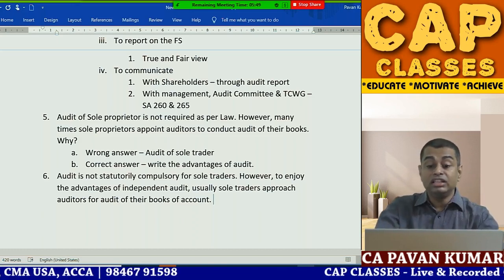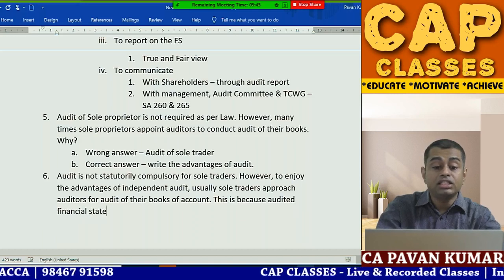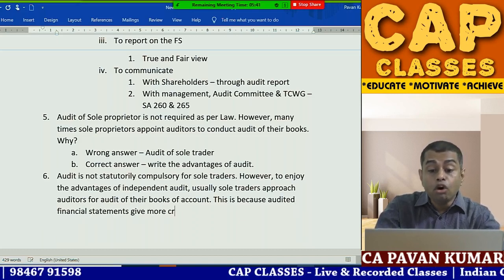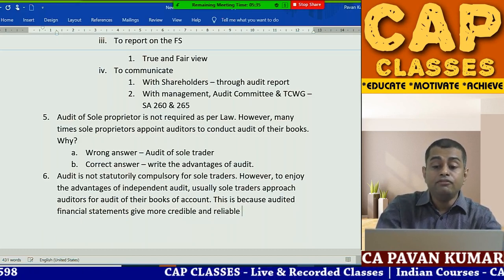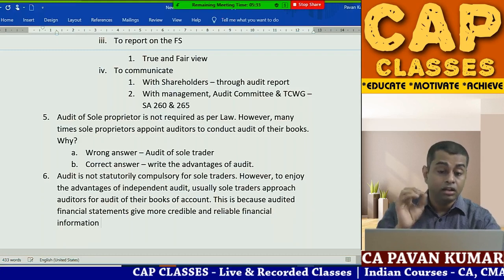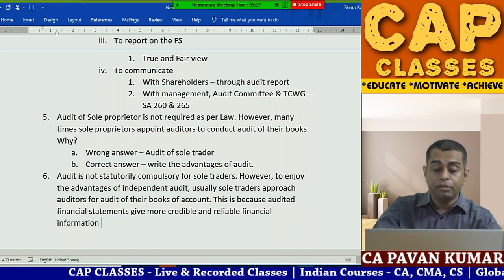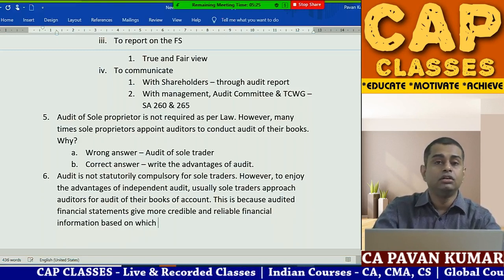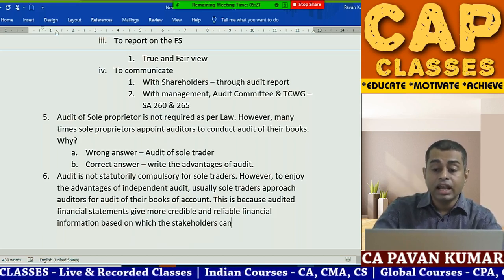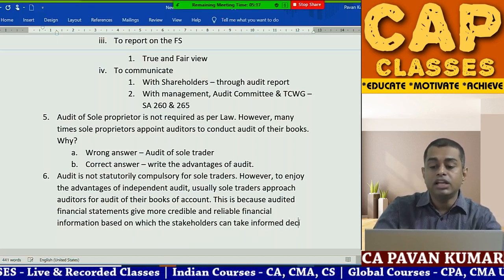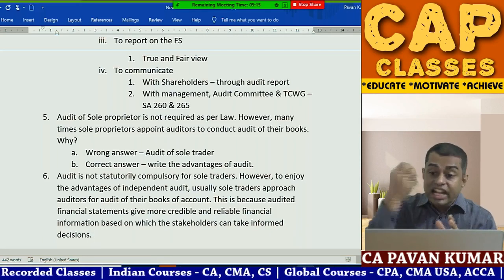And then write down, this is because audited financial statements give more credible and reliable financial information based on which the stakeholders can take informed decisions. This is how you steal more marks from ICAI.